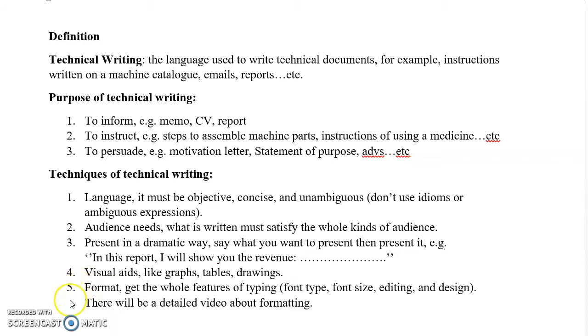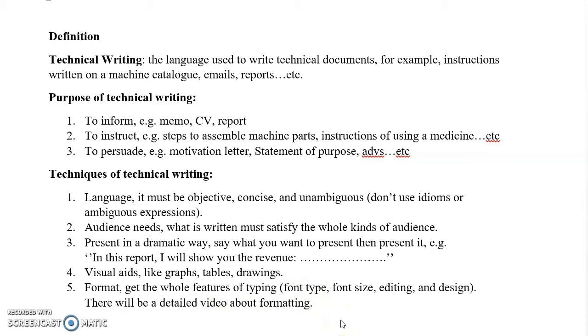The fifth technique, and this technique actually has another file, a specific file. We have to look for some specific details and formats. Now, while I am writing a document, I have to take care of my format. I have to get all the features of typing. I have to look at the font.